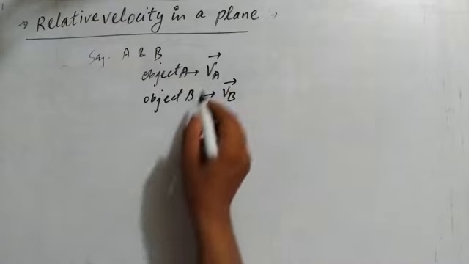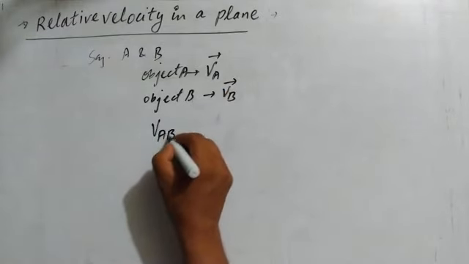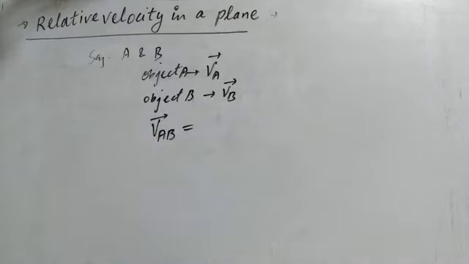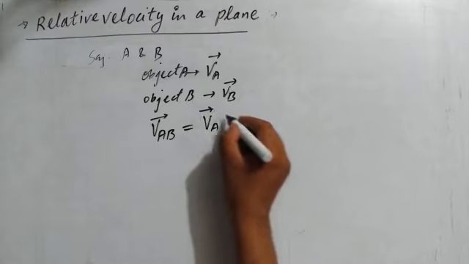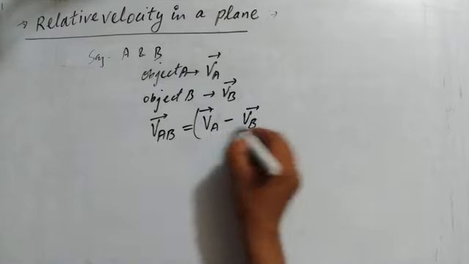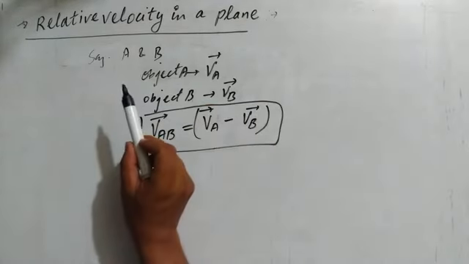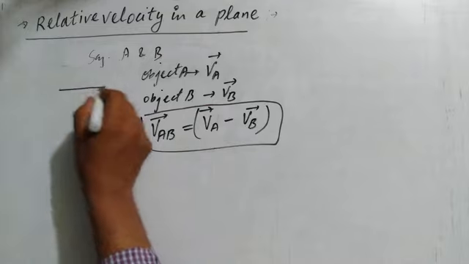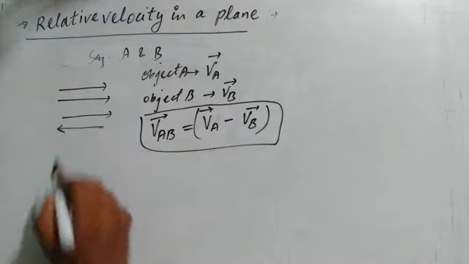Then the relative velocity of A with respect to B is given by the general formula VA minus VB. This we have studied earlier when the objects are moving parallel to each other or anti-parallel to each other.